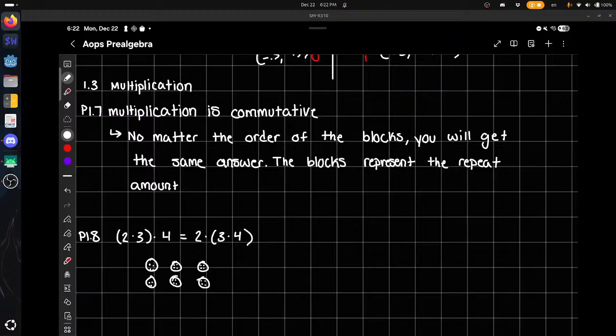So my thinking is that we have these 4 dots in each circle. And we're asking how many times do you want to repeat 3? We want to repeat that 2 times. So repeat, repeat.